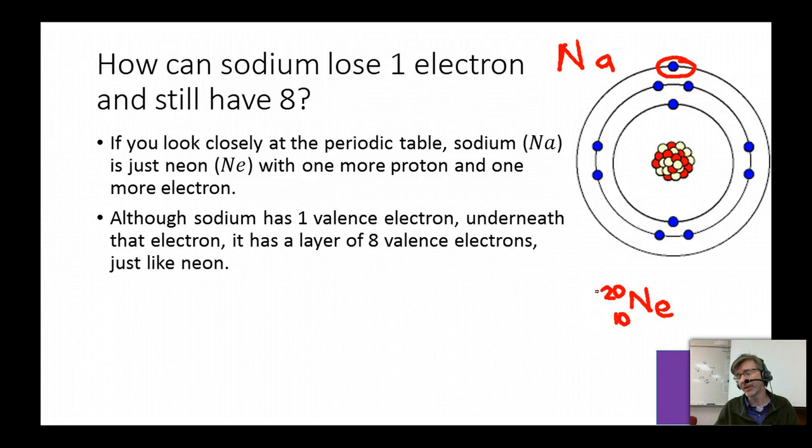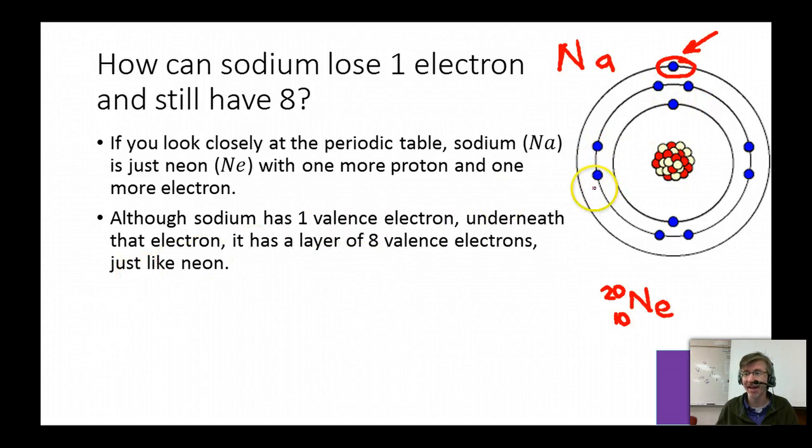Anyway, although sodium has this 1 valence electron right up here, underneath that valence electron, if you were to take this one off and take a look, you have 8 valence electrons in 2 shells: 2, 4, 6, 8.